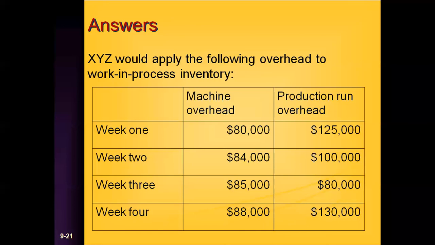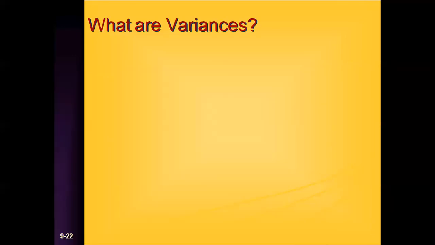Okay, so there are other types of variances, and now this gets really into the cost accounting area, which is to some extent beyond the scope of what we need to cover in college accounting.